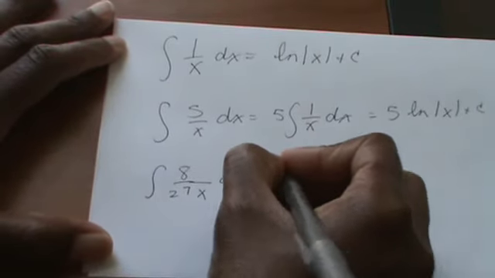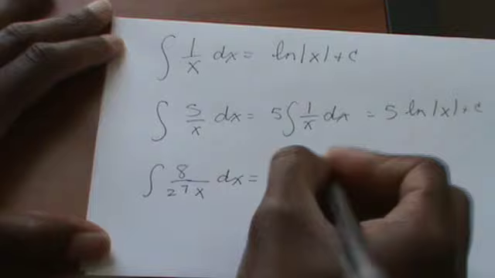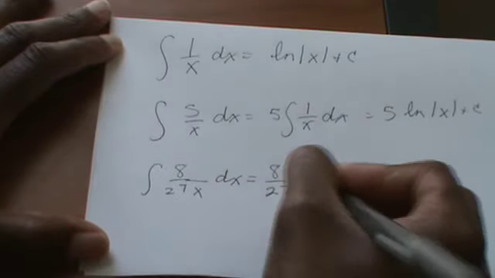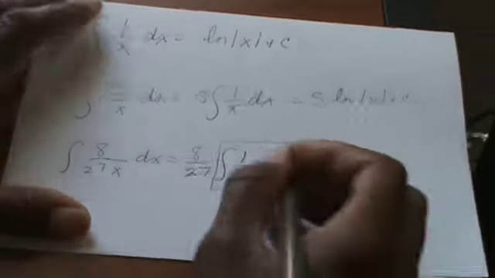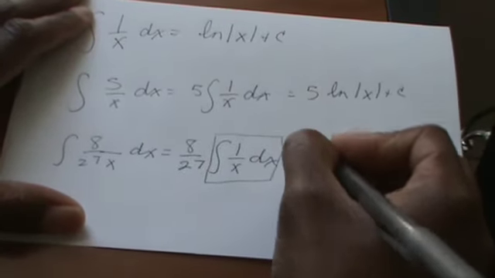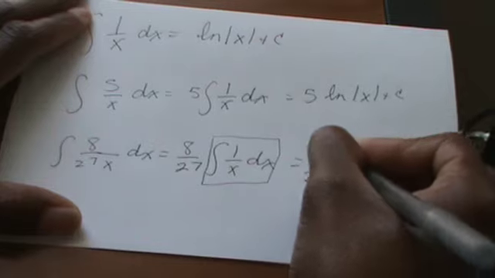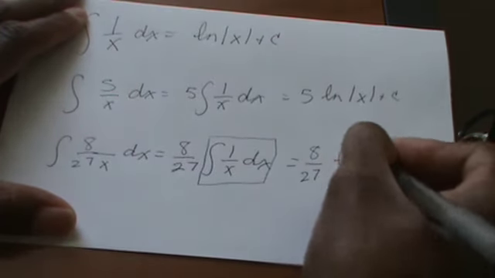You could rewrite that as 8 over 27, the integral of 1 over x dx. Okay, again, you have to commit this one to memory. So this equals 8 over 27, the natural log of the absolute value of x plus c.